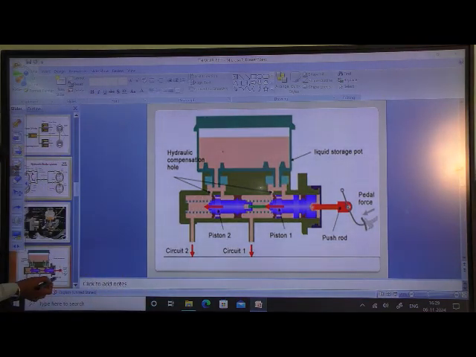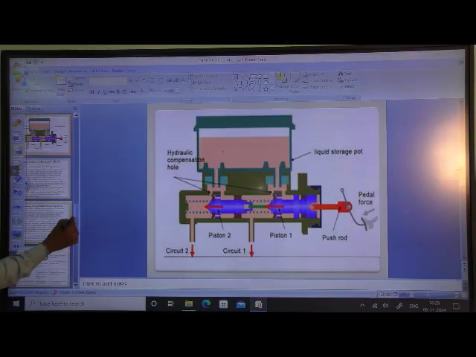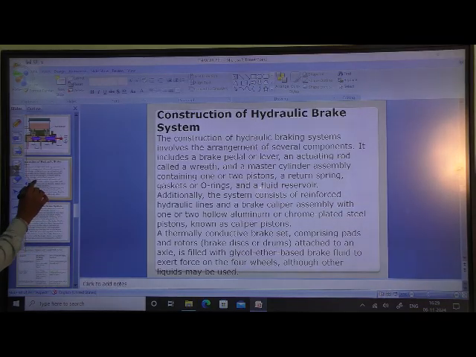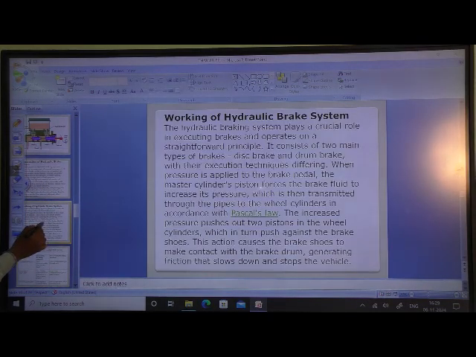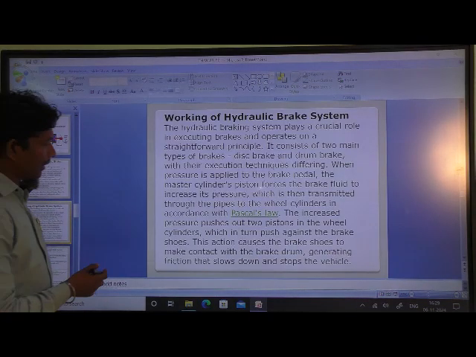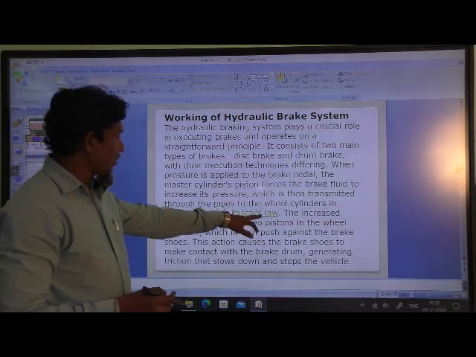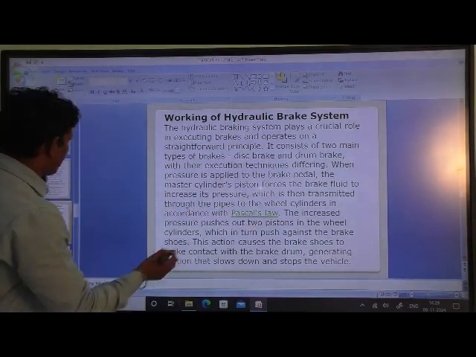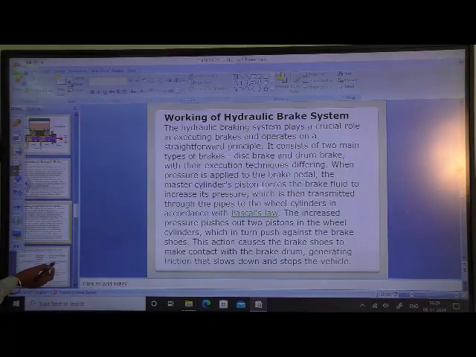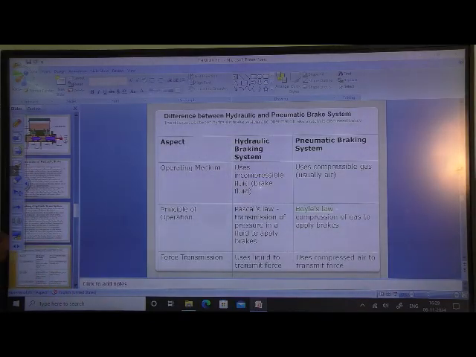So this is the working principle of the hydraulic braking system, which works under Pascal's law. By Pascal's law, the hydraulic braking system works.